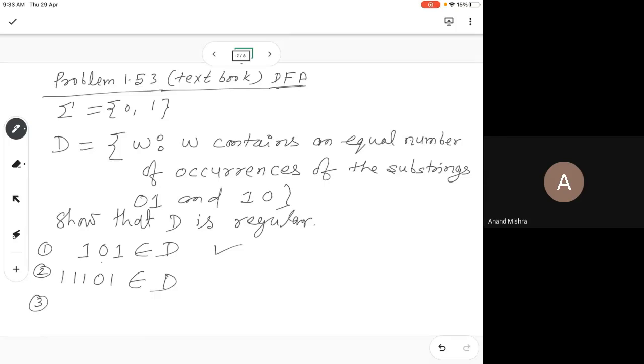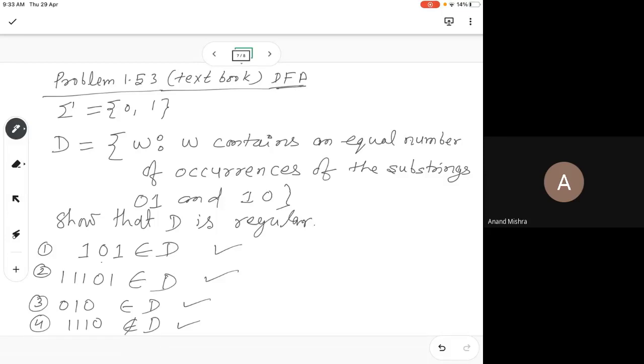Similarly, second also has 110 and there is one, so both are yes. But there can be many such examples, right? You can start with 010. This is also valid. But something like, let's say, 1110 is not, because there is 110 but not the other.